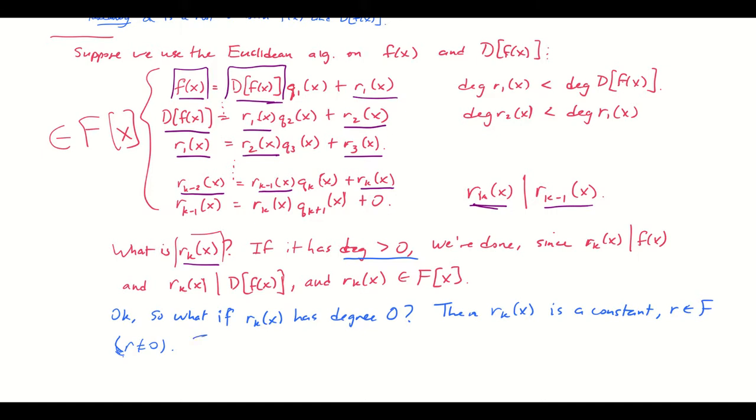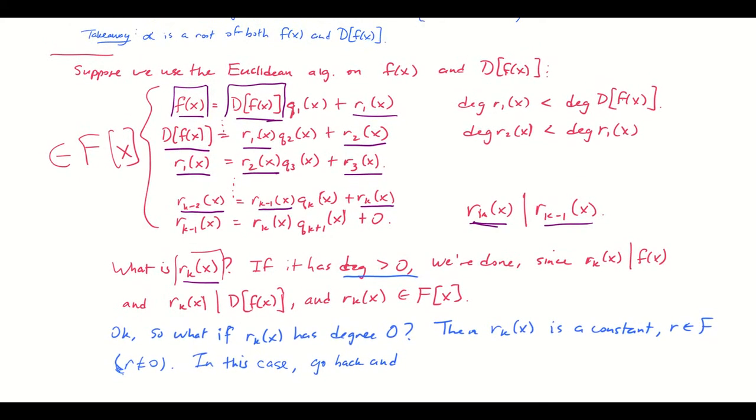Well, in this case, let's go back and review what the Euclidean algorithm was doing. So go back and review the steps. And this time we're going to go back with a view to the fact that alpha was a root of both f of x and its derivative, so with that alpha in mind.